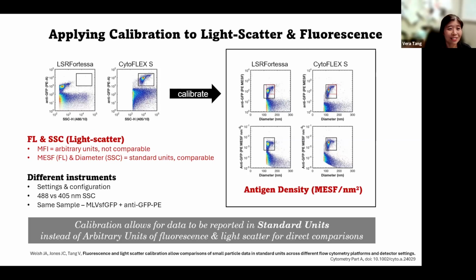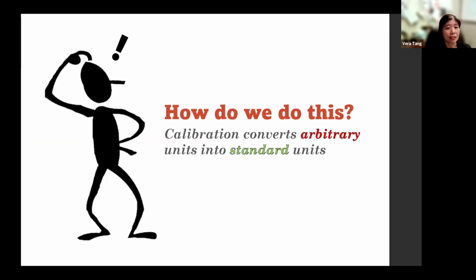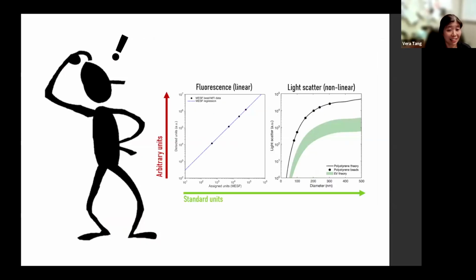So calibrated units don't just allow you to make academic and quantitative comparisons between instruments, but they will give you more information about the biology. All this to say, you guys are probably wondering, how do we do this? Generally, we've talked about converting to standard units, but exactly how, we will get there shortly.